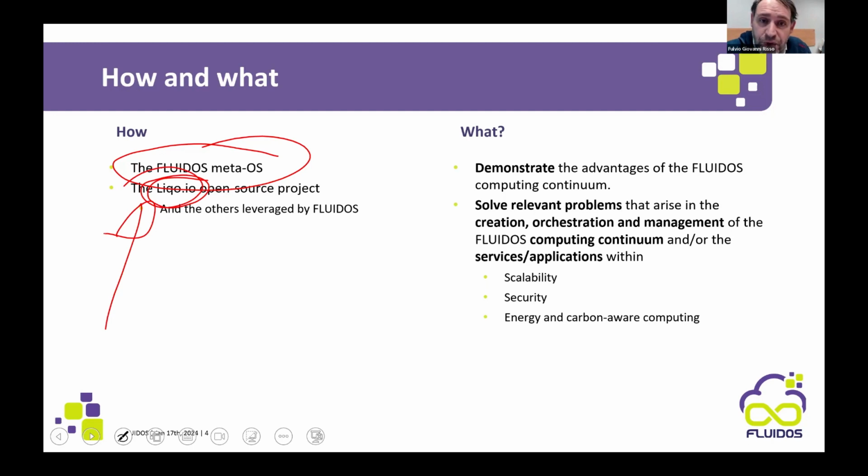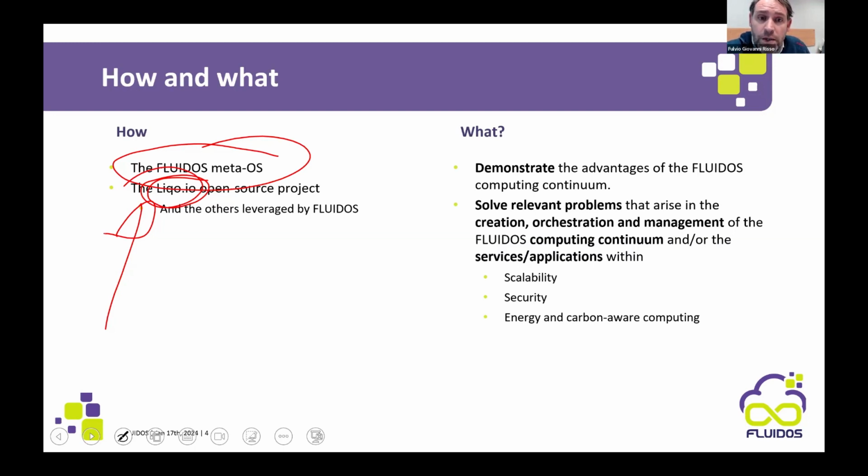So just in case of troubles, you can always use Liqo.io as an alternative starting point, not preferred. The preferred is definitely the FLUIDOS MetaOS, but just in case, you can also take into account Liqo.io, which, by the way, is also more robust because it is production grade, while our software in FLUIDOS is definitely a proof of concept.